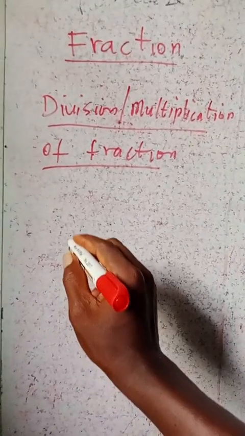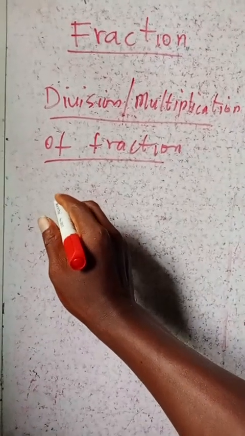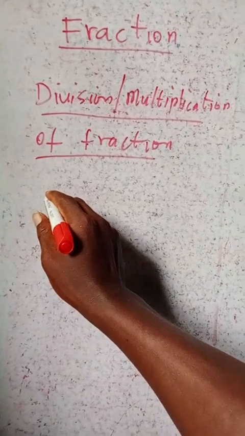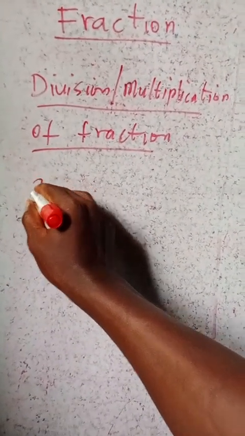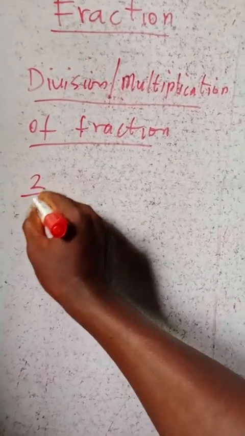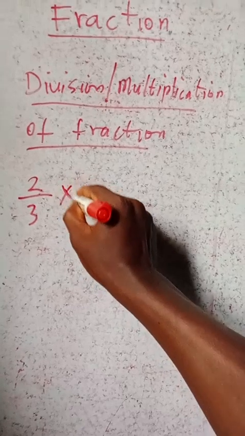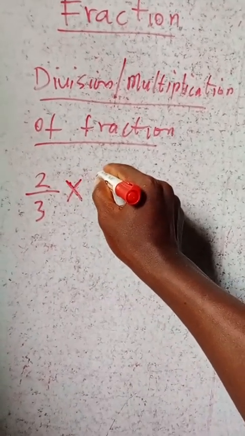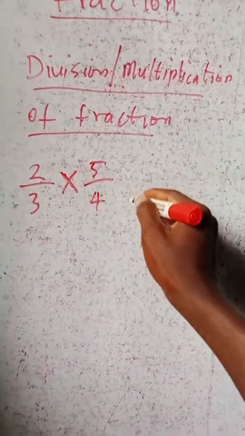Okay, so we'll start with the multiplication first. If you have 2 over 3 multiplying, times, let's say, 5 over 4, something like that.